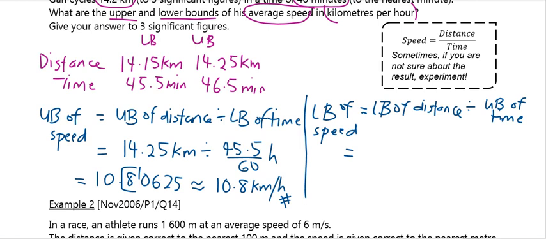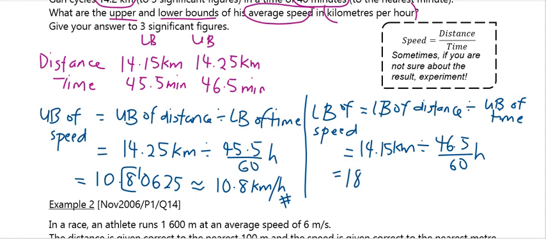So lower bound of distance is 14.15 kilometers divided by the upper bound of time, which is 46.5 over 60 hours. Minutes converted into hours.